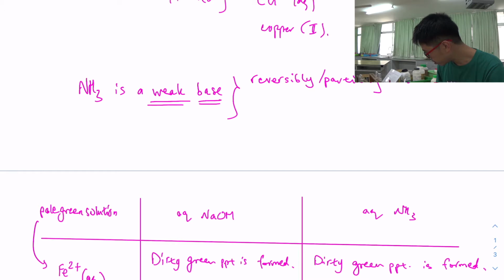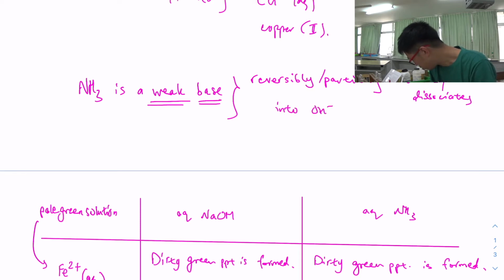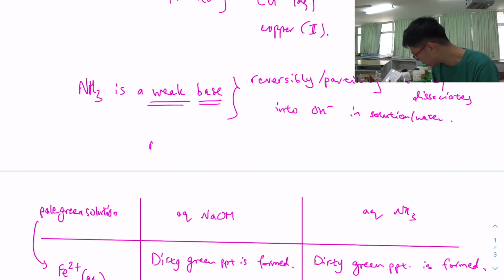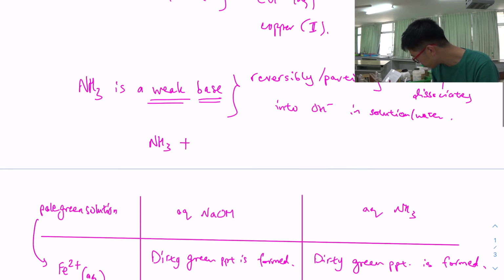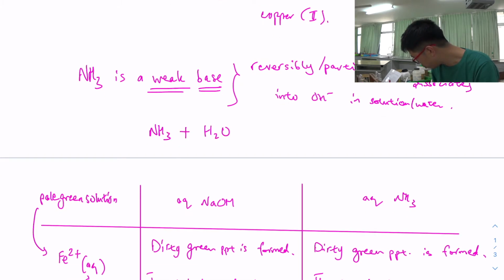Reversibly, we can say partially, and then you can use the word ionizes, or you can use the word dissociates into OH minus because it's a base. So it dissociates OH minus in solution. The solution referred to is water.